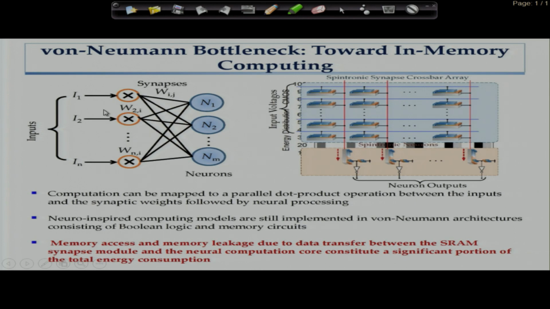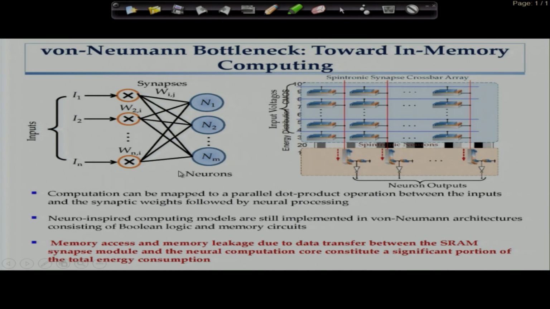As I already said, you have an input layer, a hidden layer and an output layer. Each is connected with different weights, and the corresponding weights will be different for different classification or object detection.